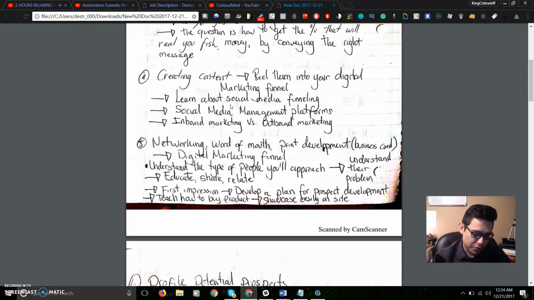And as far as how you can do this at a mass scale, it ultimately comes down to managing social media platforms. I'm actually going to make a video about that, but it's important that your focus should be not so much on the individual social media platforms, but rather you will want to be looking at a platform that manages all social media.